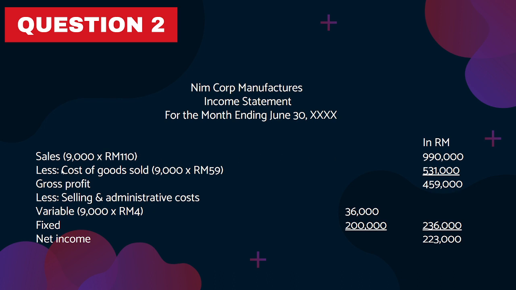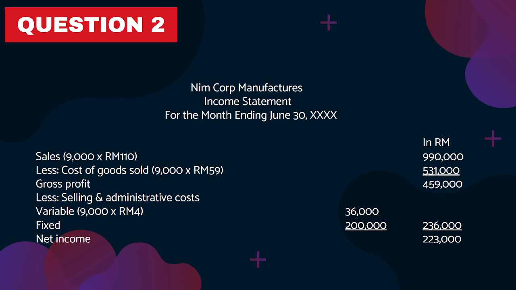And then we subtract cost of goods sold, which is 9,000 units sold multiplied by 59, which we get from the answer before, and it should be 531,000 ringgit. And we should get the total gross profit of 459,000 ringgit.